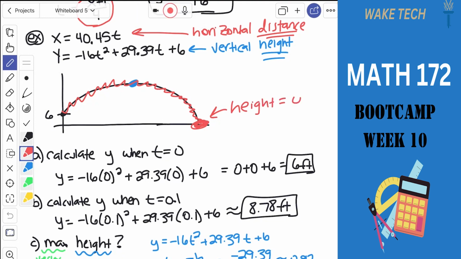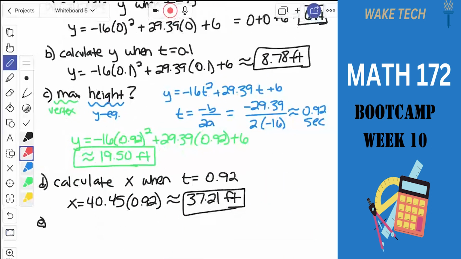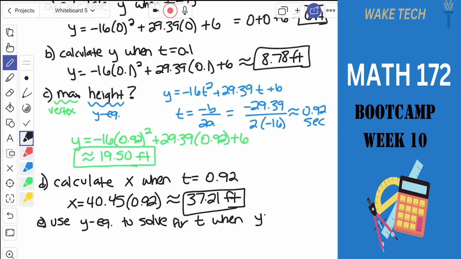So, how long is the ball in the air? Talking about height, that means y. We should use the y equation to solve for t. Right? How long means find t. We use the height equation to find the time when the height is 0.